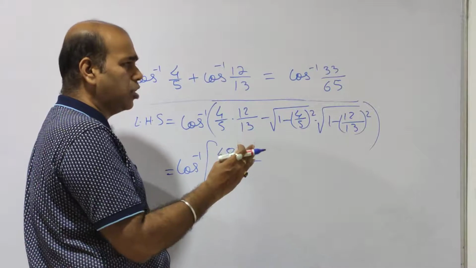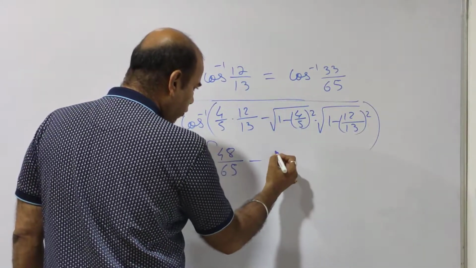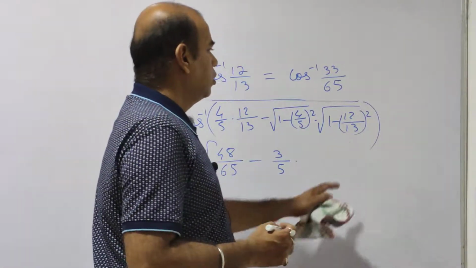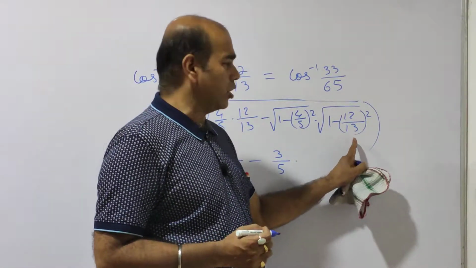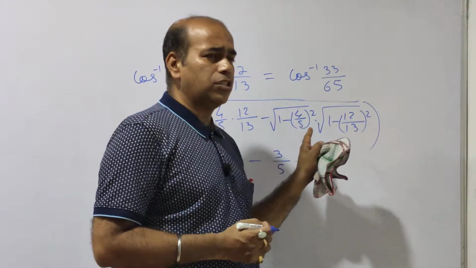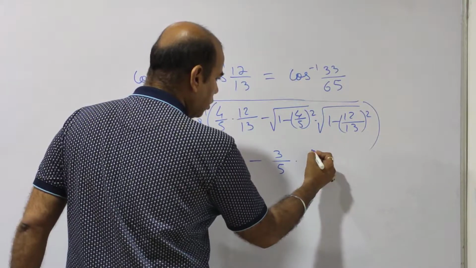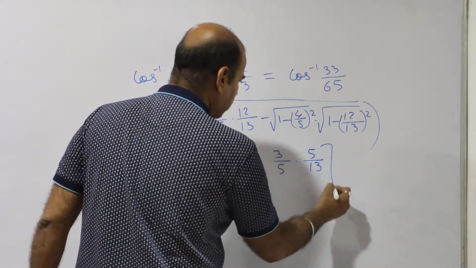So 25 minus 16 is 9. So 9 by 25 means I am getting 3 by 5 into, this is 144 by 169. So 169 minus 144, it's 25. 25 by 169, so it is 5 by 13.